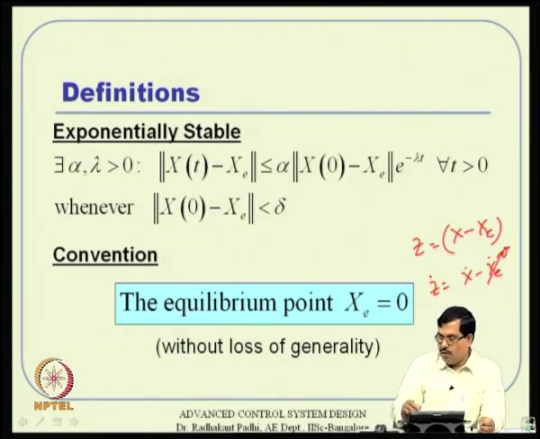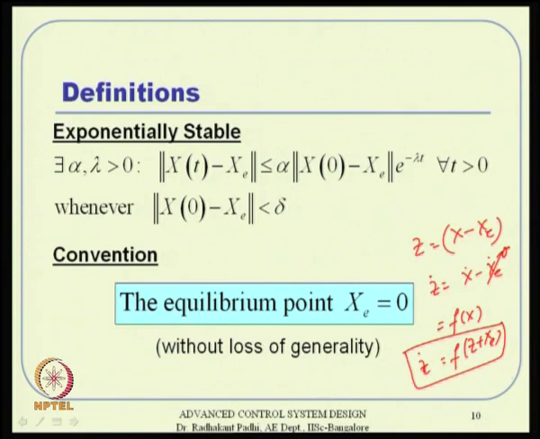Then you are left with x dot is f of x, and f of x is nothing but f of z plus x e, and x e is a constant number. So you see that z dot is again f of z. With that change of notation you will be able to proceed further. As far as x e is concerned, we will consider it a constant number here.